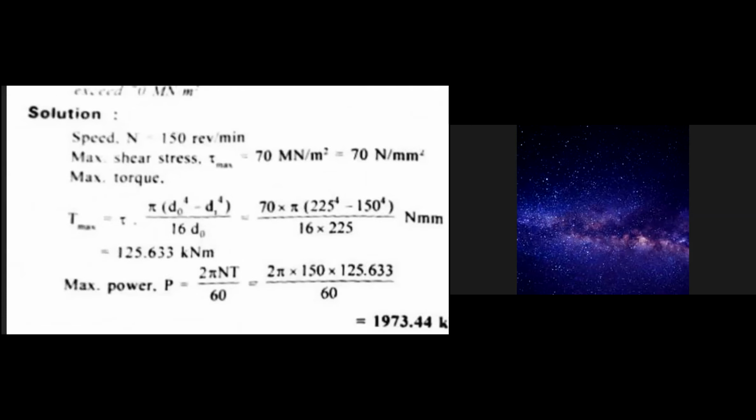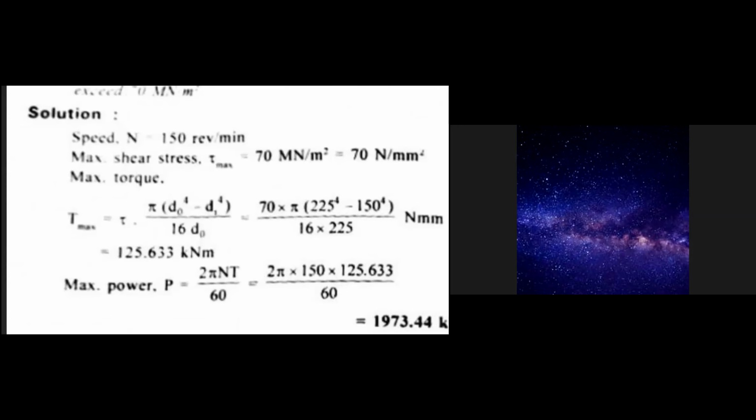So we will get maximum torque equal to 125.633 kilonewton meter. And maximum power P is equal to 2 pi nT by 60. So substitute the calculated T value in power. That is 2 into pi into speed 150 into torque.